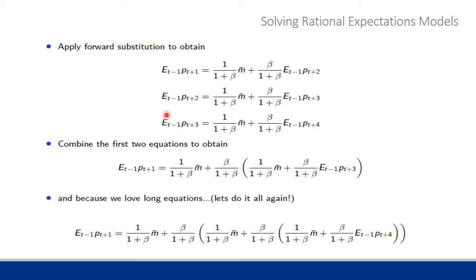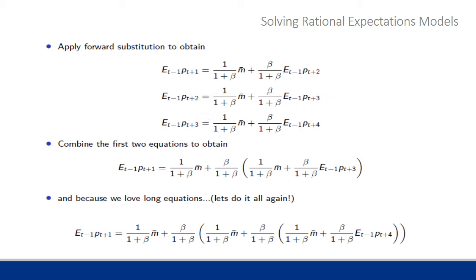Now to solve this model, we begin by substituting the right-hand side of EPT plus 2 into this term here, or into this relation for EPT plus 1. So we rewrite this out, but replace EPT plus 2 with what is below, the right-hand side of this relation. So EPT plus 1 is equal to 1 over 1 plus beta M bar plus beta over 1 plus beta times EPT plus 2, which is all of this right-hand side.